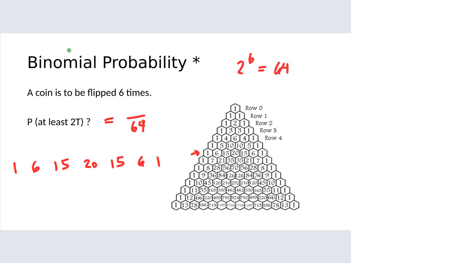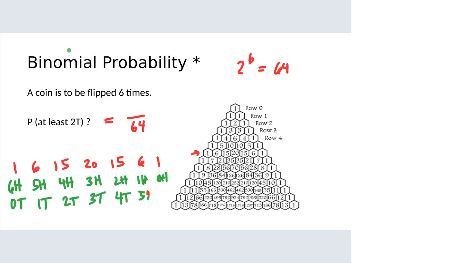And when you label these, I'll do 6 heads, 5 heads, 4 heads, 3 heads, 2 heads, 1 heads, 0 heads, which means 0 tails, 1 tails, 2 tails, 3 tails, 4 tails, 5 tails, 6 tails. Then we just have to make sure we identify our successes properly. At least 2 tails. There's no tails here.